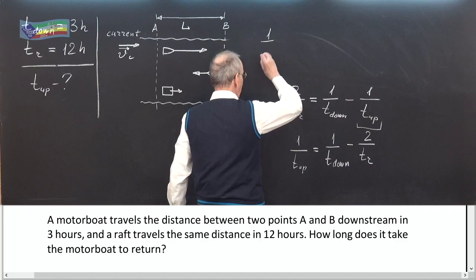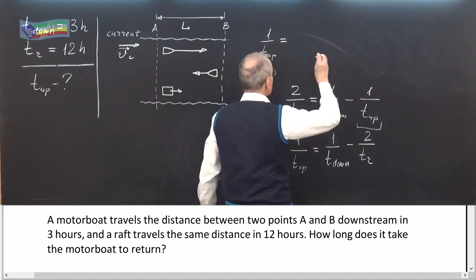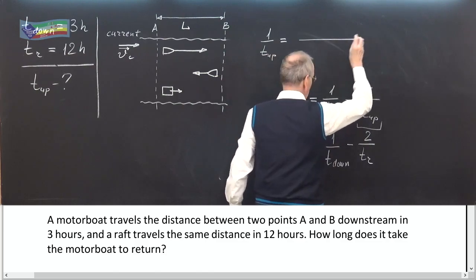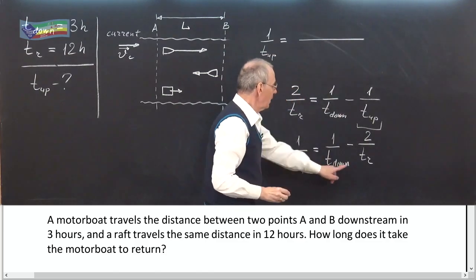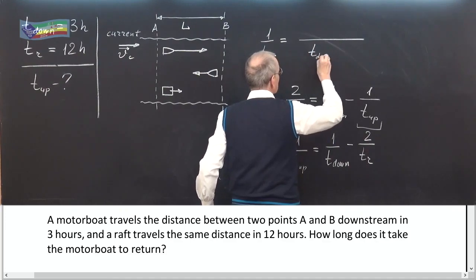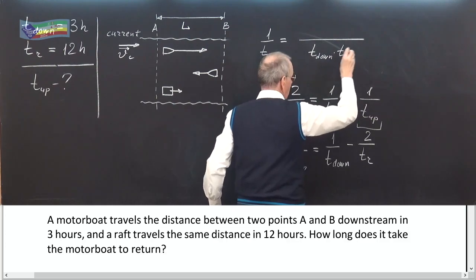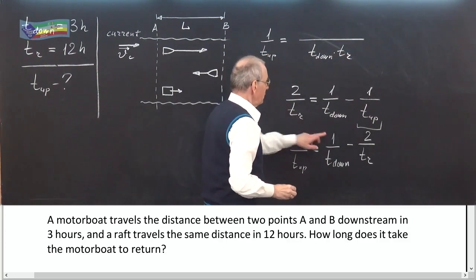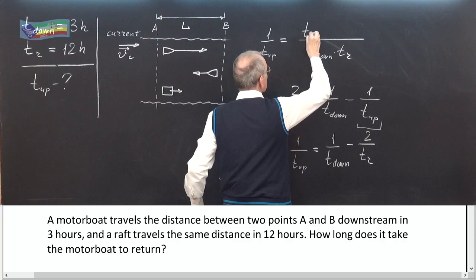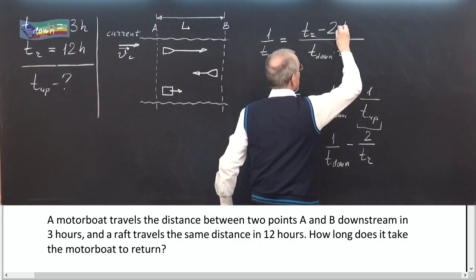Unit over T up is T down T R minus twice T down.